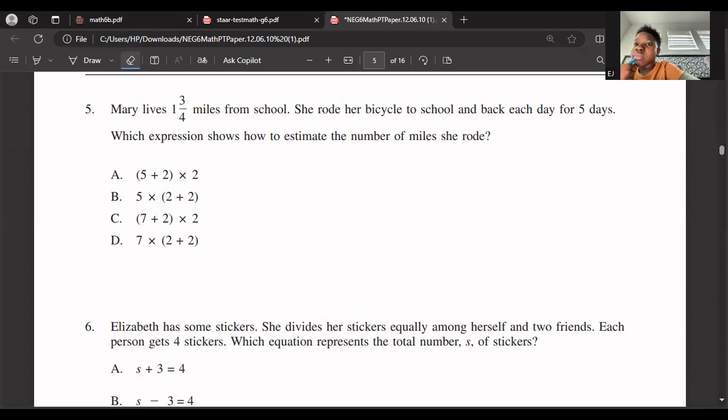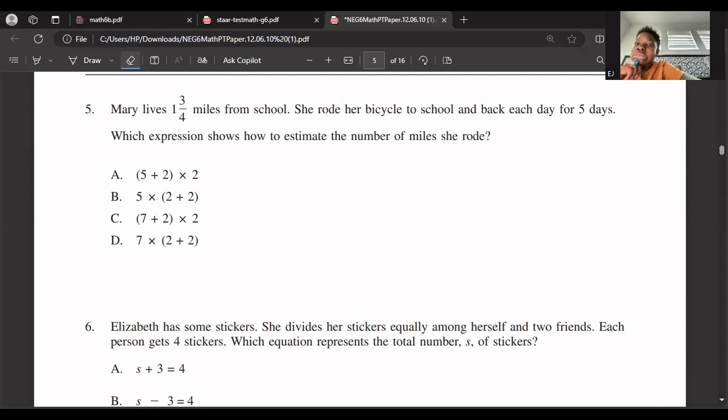So how do we do this? Please listen carefully. 1 3/4 is approximately 2. Did you get that? Yes. Good, it's approximately 2. So to and fro means 2 plus 2, going and coming, okay?